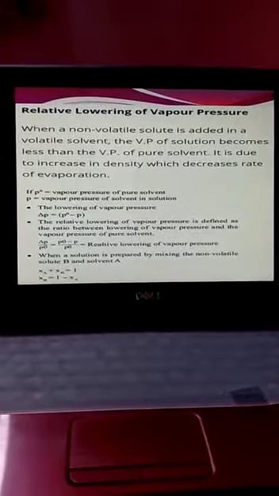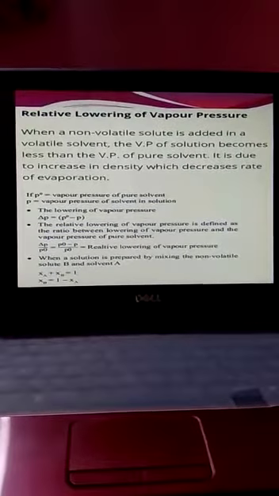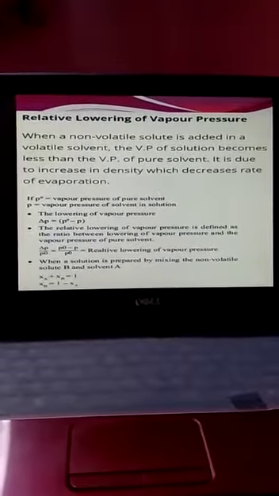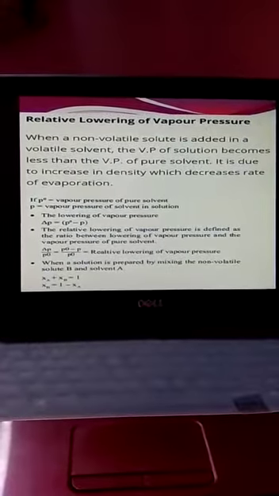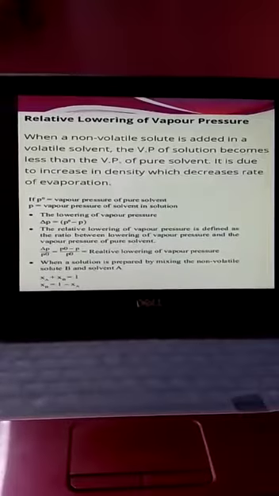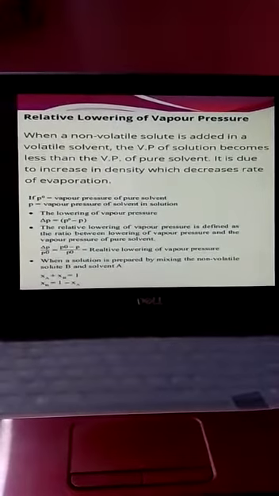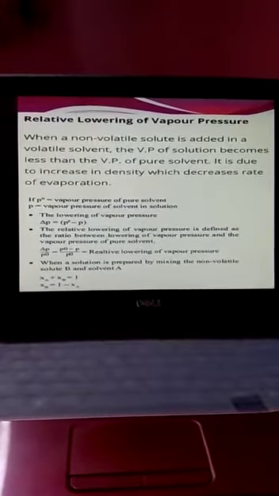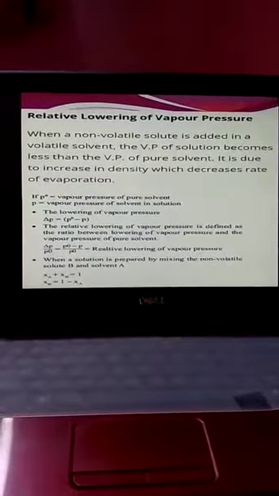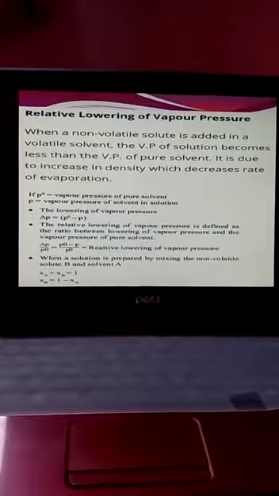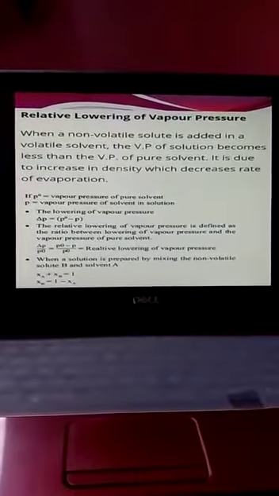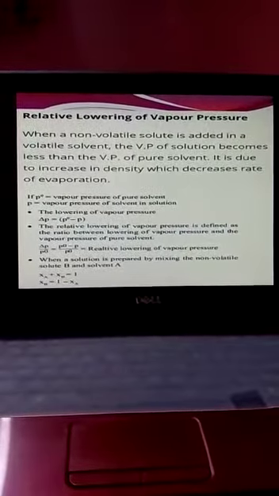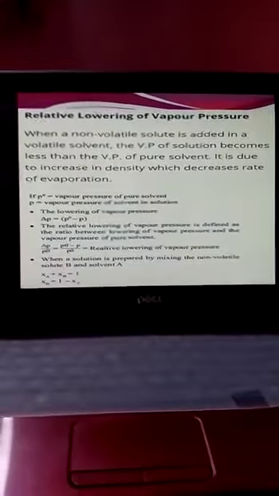This lowering in vapor pressure depends only on the amount of the solute that we are adding in the solution. The lowering in the vapor pressure of the solution, that is, (P naught A minus PS) upon P naught A, is equal to WB upon MB into MA upon WA.